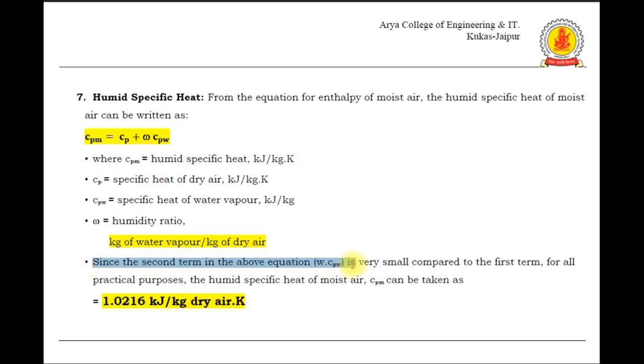Since the second term in our equation is very small compared to the first term, for all practical purposes the humid specific heat of moist air can be taken as this. So this relation we will not be using in numericals and we will be using a fixed quantity for it.